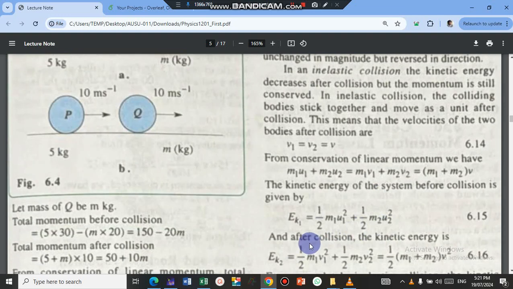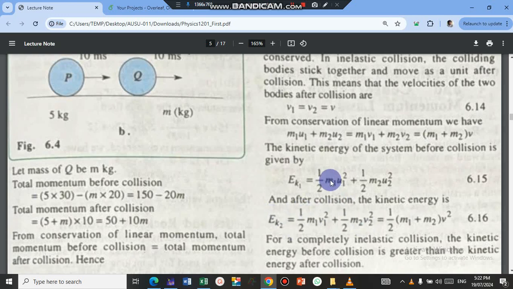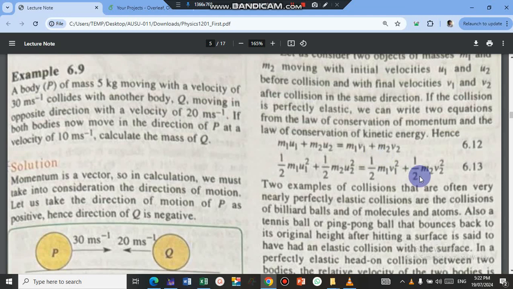Similarly, there are kinetic energies before collision. We can write kinetic energy before collision as half m1 u1 squared plus half m2 u2 squared. But after collision, remember that v1 and v2 are identical, and when you use v here, you can factorize the v common to them.